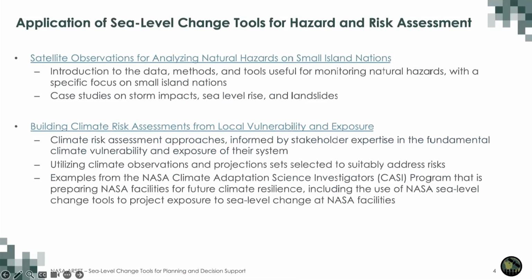And it actually steps through examples from NASA's Climate Adaptation Science Investigators, or CASI program, that is looking at preparing NASA facilities for future climate resilience. And again, it makes direct use of some of the NASA sea level change tools to project exposure of NASA's facilities in the future to sea level change.